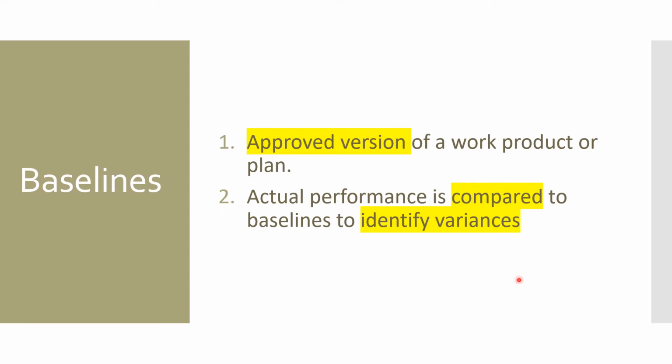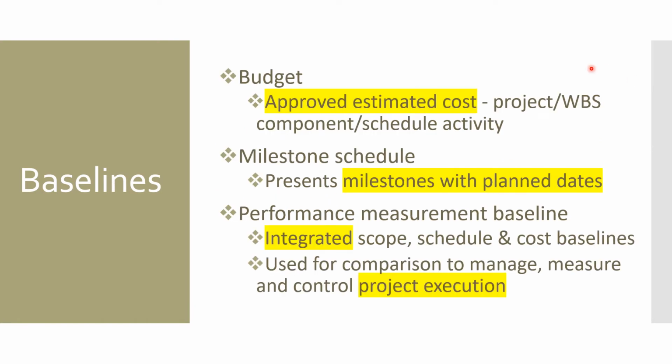What is it used for? It is used for comparing the actual performance to the baseline to identify the variances. EVA is one of the examples of comparing the baseline with the actual performance. So let's get into the discussion of different types of baselines available for the project manager.